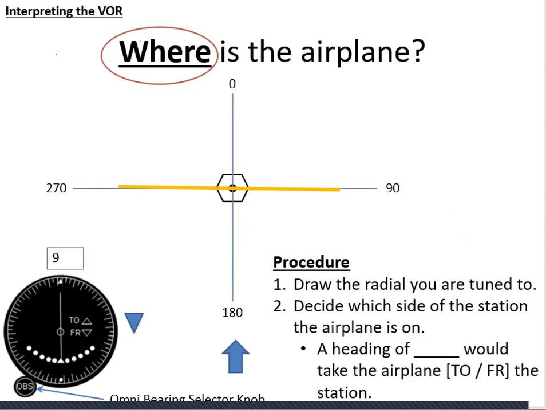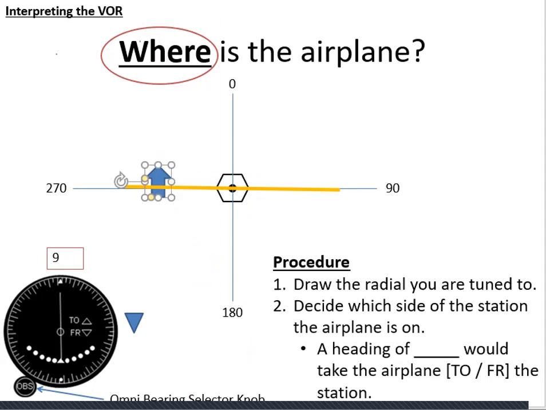I'm going to leave that flag the way it is. So I'm going to decide which side of the station we're on, whether I'm over here or whether I'm over here. I know that I'm in a position where a heading of 90 degrees would, I'm not saying I'm pointed at 90 degrees, but if I pointed the airplane at 90 degrees and I flew along the line, that heading would take me away from the station.